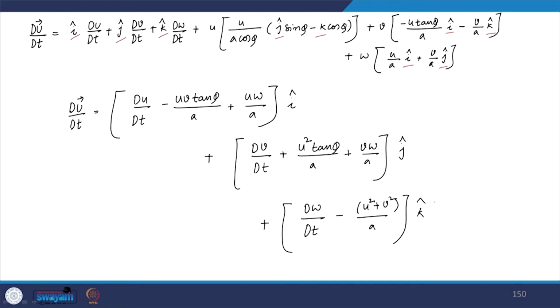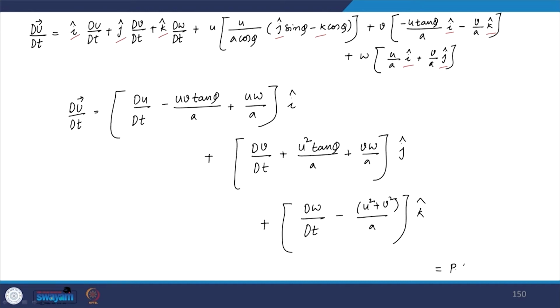So, just taking the unit vectors out, I have all the remaining terms. Now, this is still the left hand side. The total derivative of velocity in a non-inertial frame of reference seems to have these three components, du by dt, dv by dt and dw by dt. Now, we have to think about the RHS.